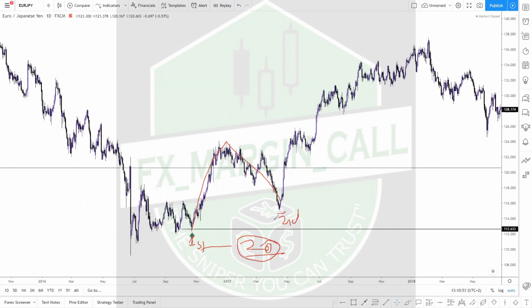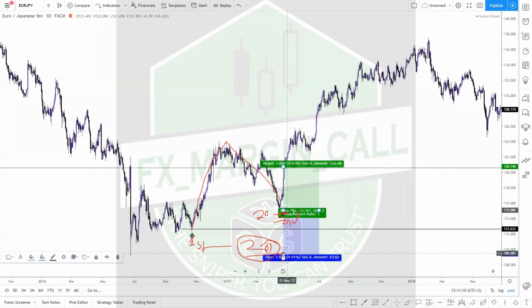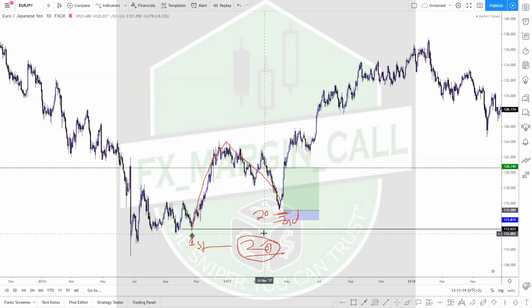So when we bring our stop loss here, this is $20, right? And when we place a trade here, the stop loss we place must be minus $20, because we're already $20 in profit.